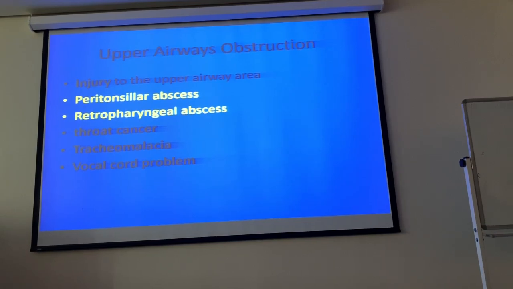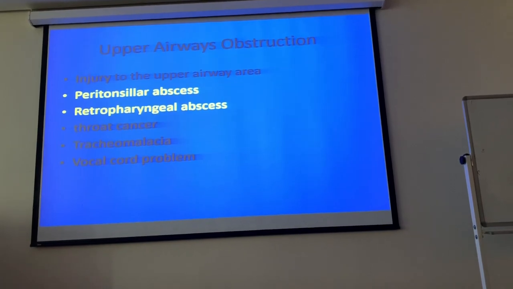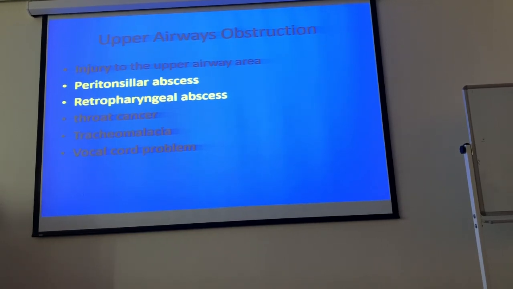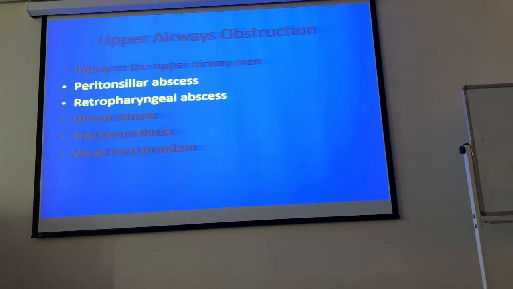Peritonsillar abscess and retropharyngeal abscess are more common in the pediatric group or in adolescents. Throat cancer in elderly patients, and tracheomalacia, it can be congenital, but it can occur in elderly patients. Softness of the trachea, it's very soft, so when he's breathing, it closes and so the patient is having obstruction.